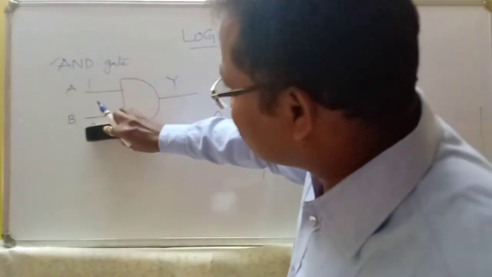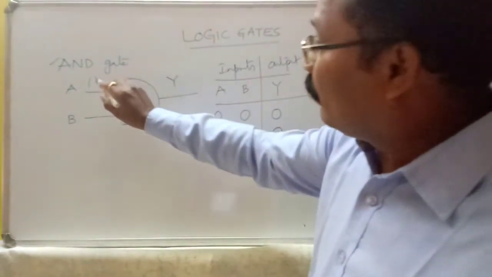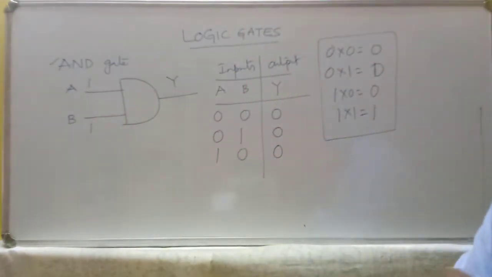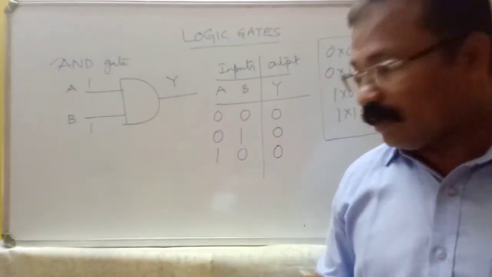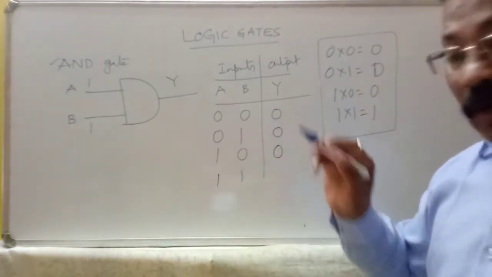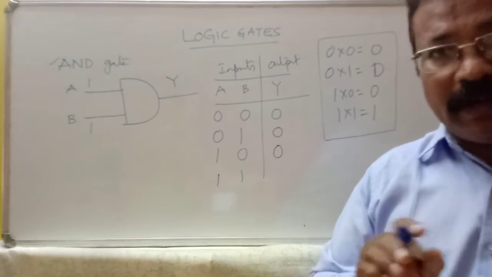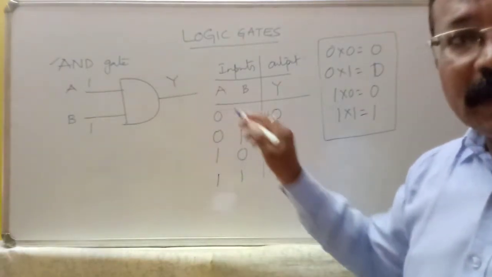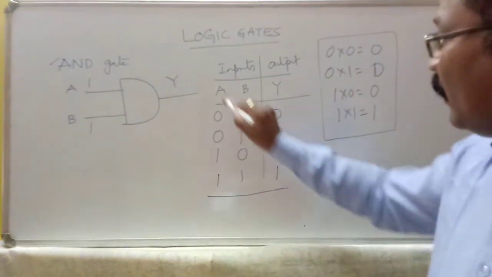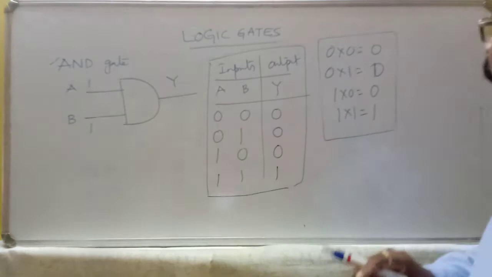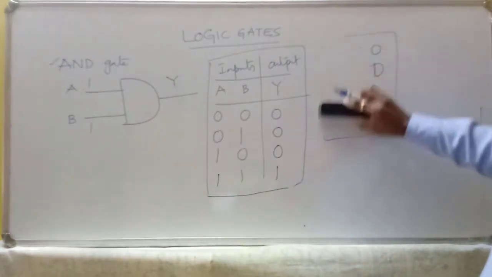In the last case, both A and B are 1. According to this multiplication rule, 1 into 1 is equal to 1. The output becomes 1. This is the truth table of this AND gate.